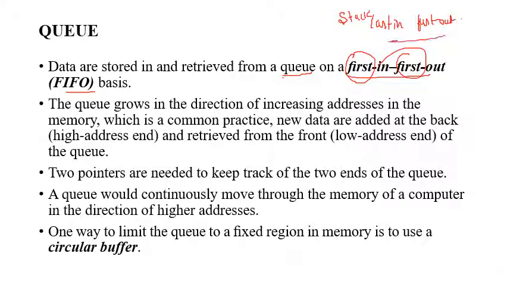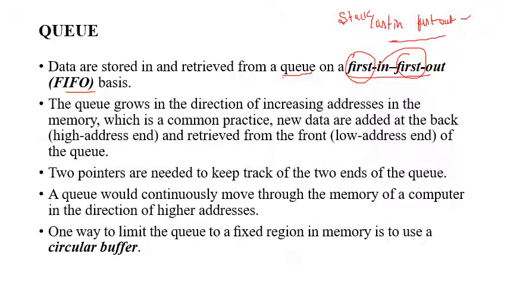The problem in the case of queue is that it starts at one address and keeps on growing. The new data are added at the back, that is the higher address, and retrieved from the lower address.